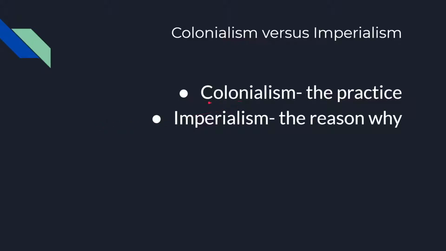Okay, so you can have both of these systems in place. They're not mutually exclusive. Colonialism is the practice, and imperialism is the reason why we implement colonialism. As we shall see later in this lesson, colonialism is not the only way by which countries exerted influence over other countries.